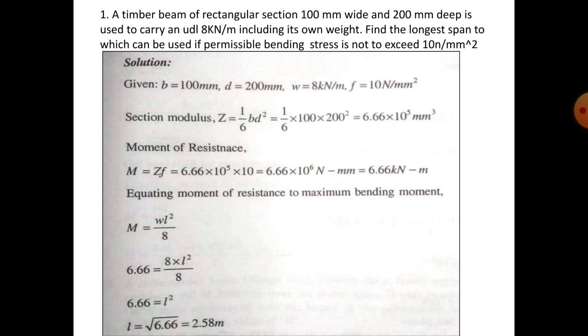Then calculate the moment of resistance. Why moment of resistance? It is the maximum resistance given by the beam to the given stresses. To calculate the moment of resistance, you have to use the simple bending theory equation. It is M upon I is equal to F upon Y. So to calculate M, M is equal to Z into F. Why?